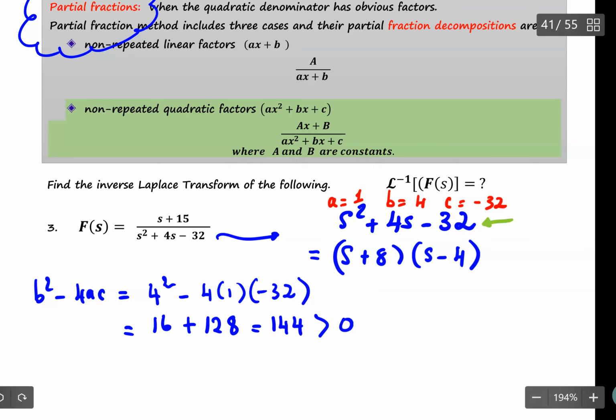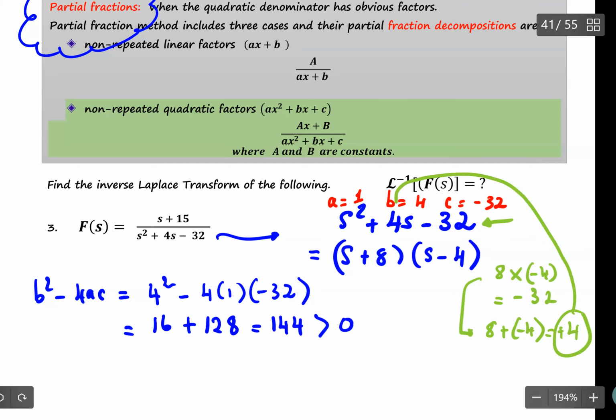So in this case, 8 times negative 4 will give you negative 32. The same two numbers, 8 plus negative 4 will give you positive 4, which should be equal to your middle coefficients here. Right.